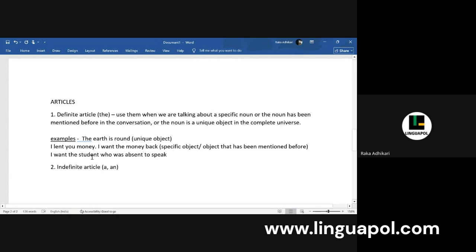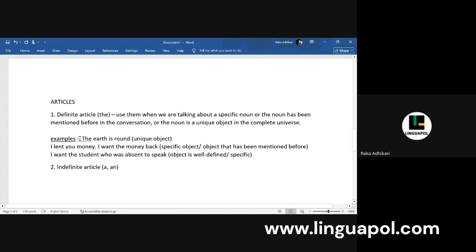Okay. So I am clearly mentioning which student I want to speak. Okay. The student who was absent. I want that particular student to speak. So I'm being very specific. So object is well defined or specific.